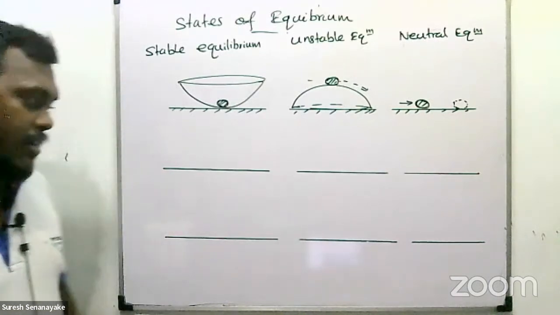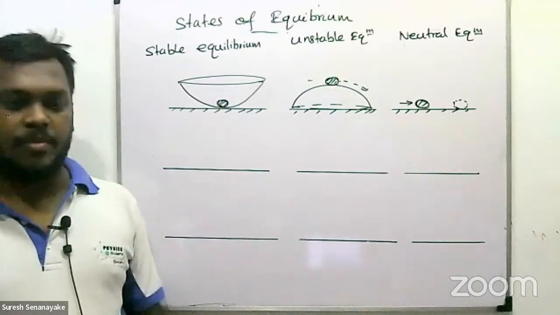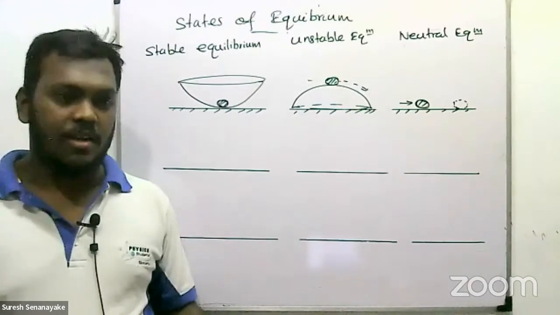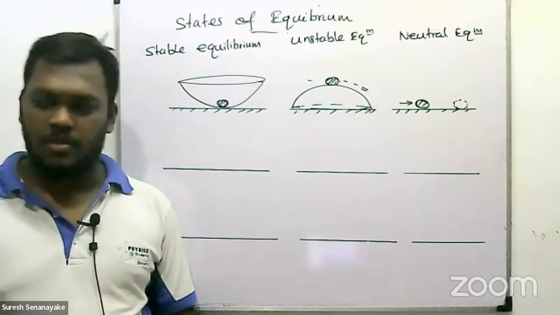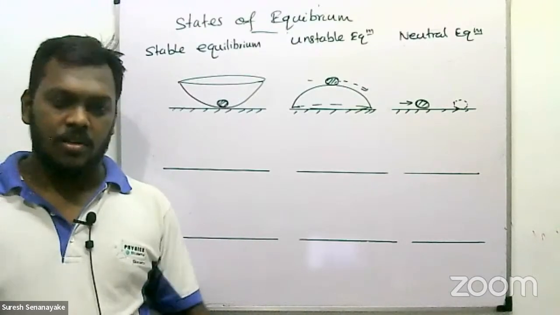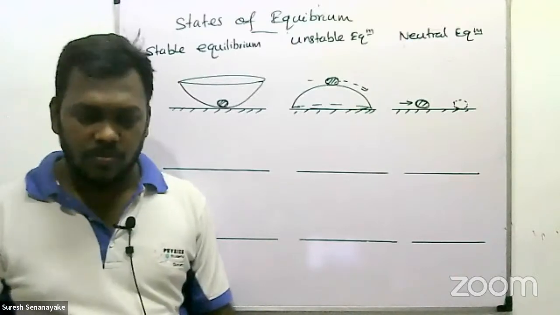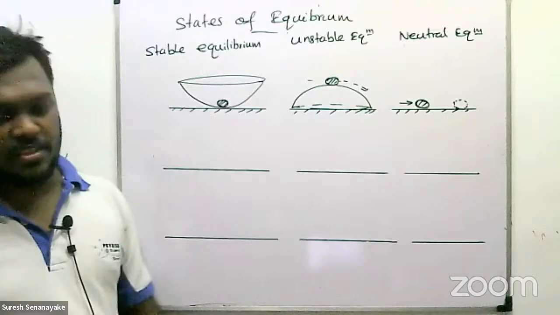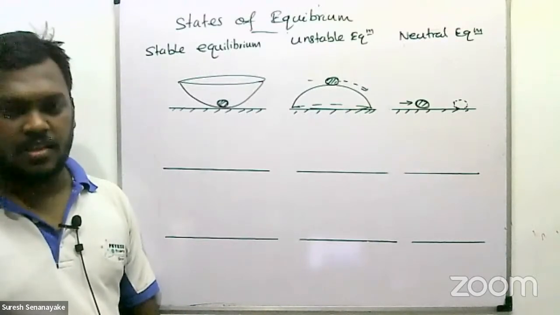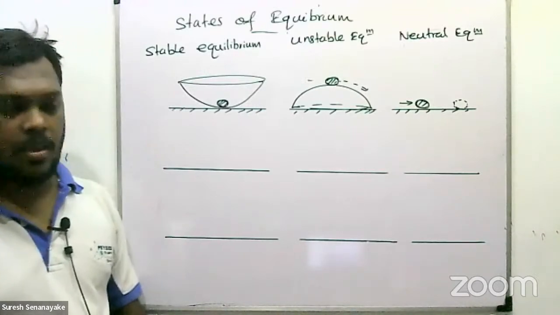If you want to make an object in stable equilibrium, you need to design it so that the center of gravity comes much lower, right? Vehicles are also made in that way. The center of gravity is much below, closer to the ground. Thus, three-wheelers and motorcycles are less safe than other vehicles, because their center of gravity is much above, right?